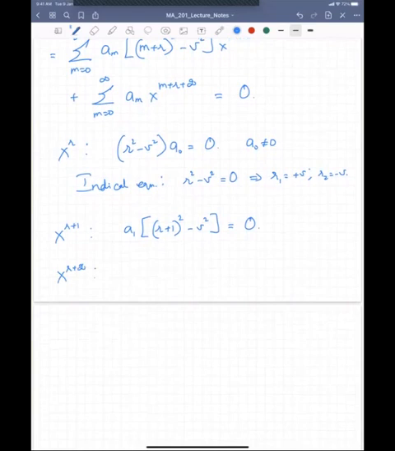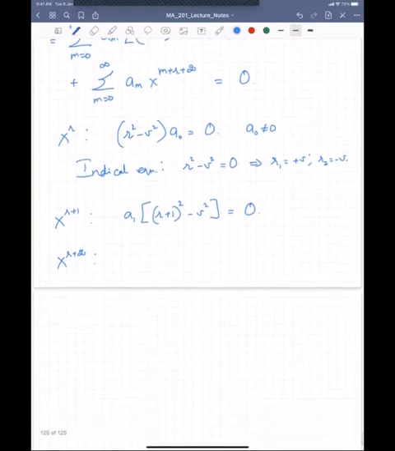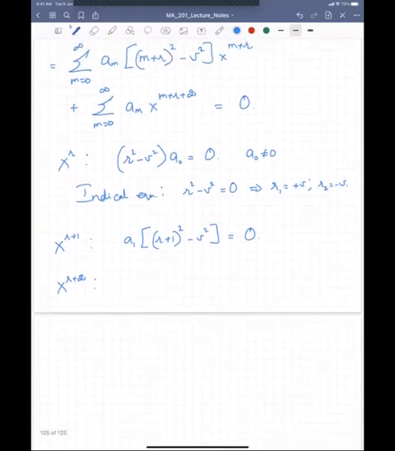Okay. All right. So again, what is the coefficient of x to the r plus 2? Well, x to the r plus 2 can have two contributions coming from the first series or the second series. In the first series, to get x to the r plus 2, I will need m equals 2. And in the second series, to get x to the r plus 2, I will need m equal to 0. So which means the coefficient of x to the r plus 2 has two contributions.